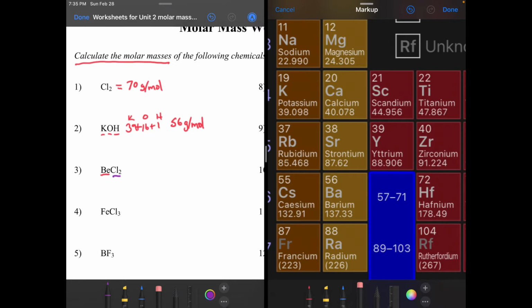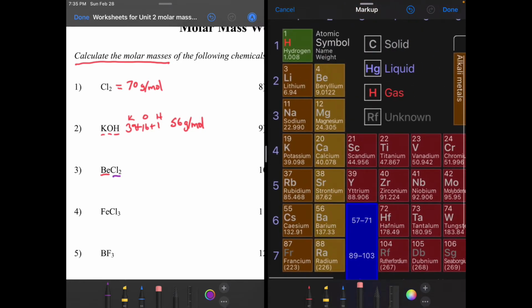Okay. So let's find our beryllium, and our beryllium is in the alkali earth metals right here. Alkali earth metals, second group, and it has a molar mass or an atomic mass of 9.01. We're going to round it to 9, so that's going to be 9.